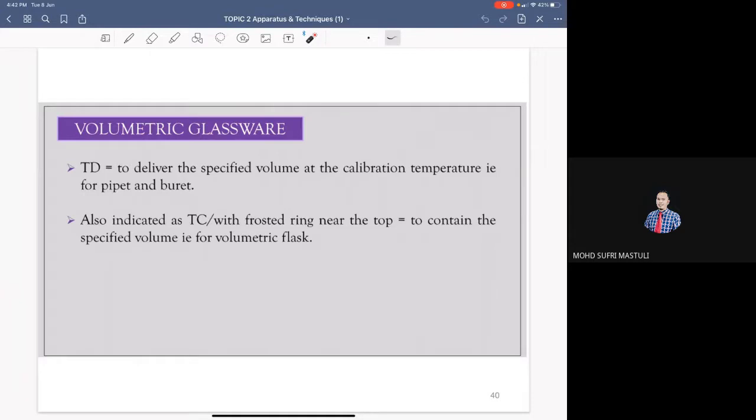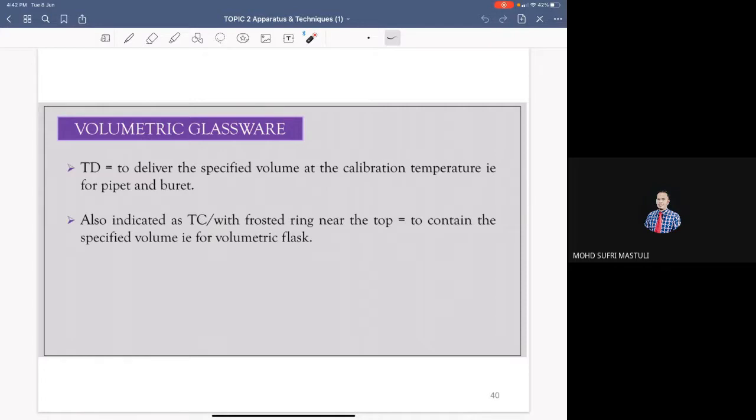As I mentioned just now, volumetric glassware can be labeled as TD, to deliver, or TC, to contain. Volumetric glassware, which is the volumetric flask, graduated cylinder, pipette, and burette, can be TD or TC.